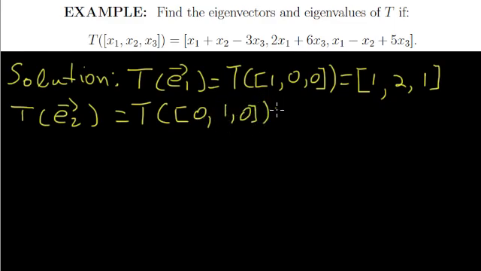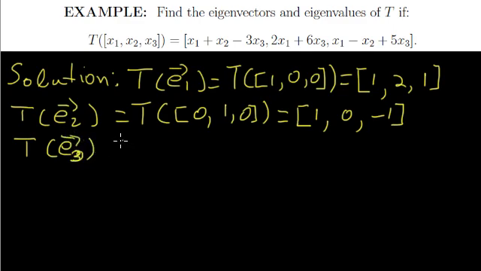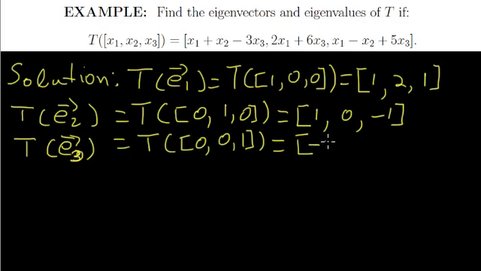This vector has x2 equal 1 and x1 and x3 equal to 0. That image is 1, 0, negative 1. And we also need T of E3, the image under T of the vector 0, 0, 1. So x3 is 1 and x1 and x2 are 0. So we have negative 3, 6, and 5.